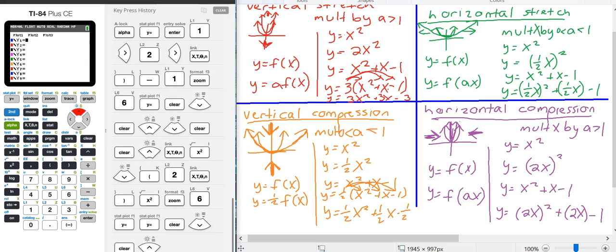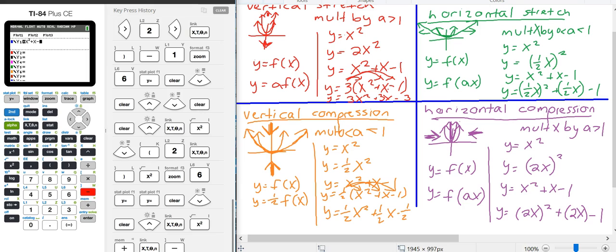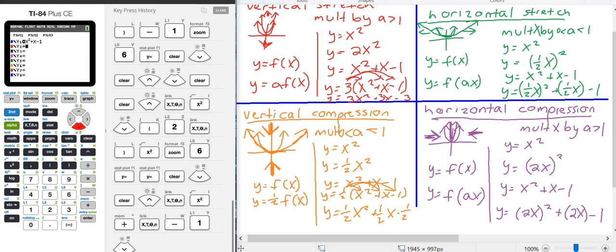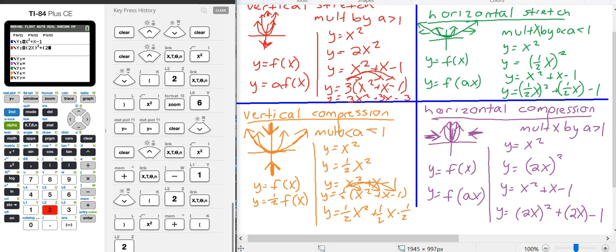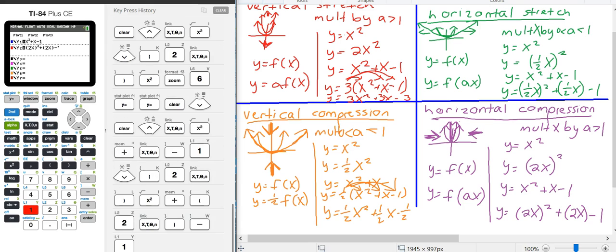The original, y equals x squared plus x minus 1. And the new one, y equals (2x) squared plus 2x minus 1. The blue one is the original, and the red one, notice how it got narrower because it got compressed.